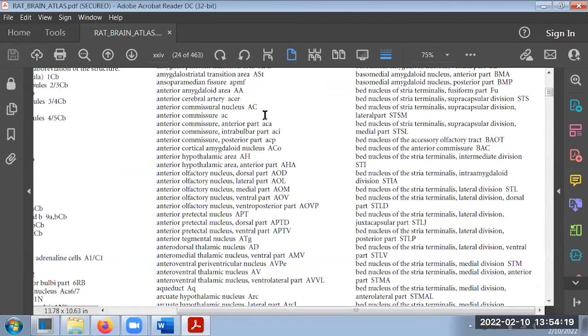We're going to look at the anterior part of the anterior commissure, ACA, which happens to be around the same general zone of the nucleus accumbens, maybe across a few extra pages. But we're going to try to target that because it's a much easier, specific target rather than a general area. And so the anterior commissure, anterior part is 8 to 33. So we're going to aim for, again, maybe page 20, just to make things easy.